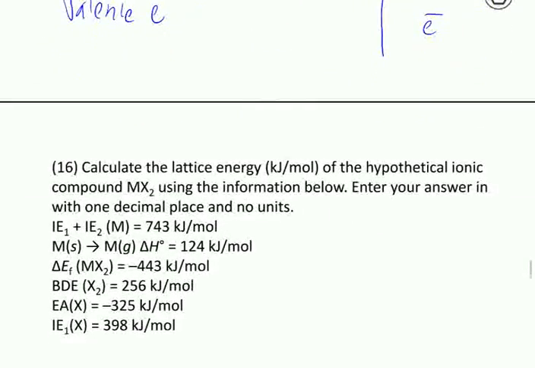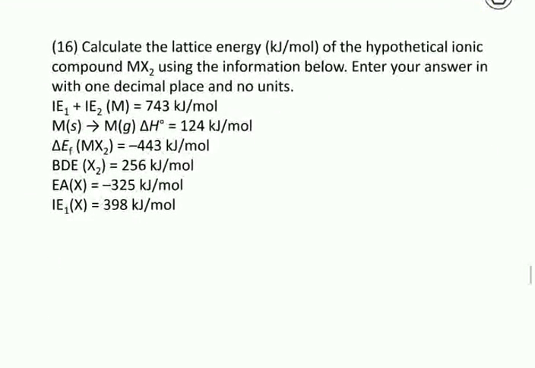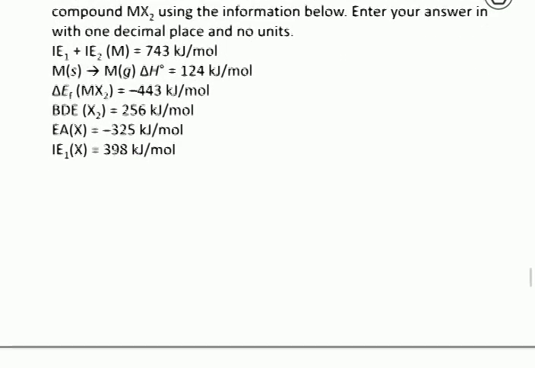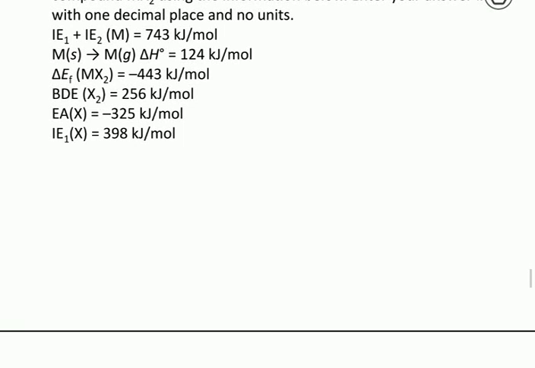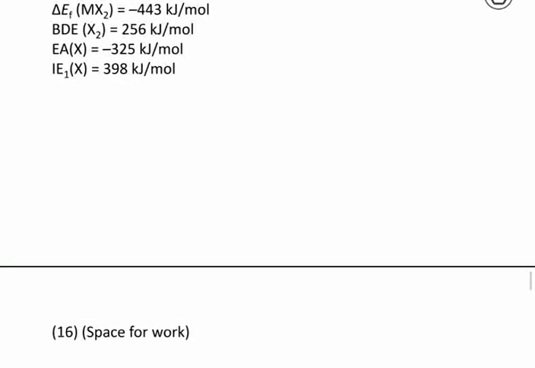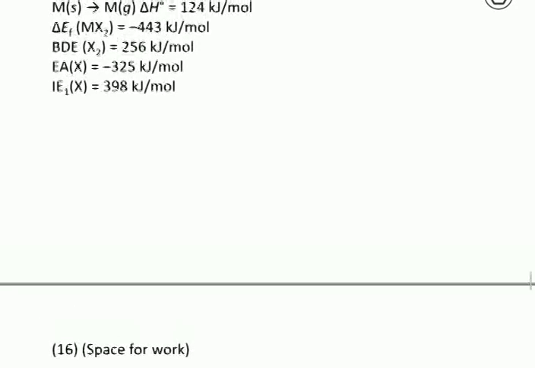Oh, here we go, our favorite one. Calculate the lattice energy of the hypothetical ionic compound MX2 using the information below. So for this problem, it takes a while, but I think it is helpful to think of the diagram, which shows you all the steps in order.